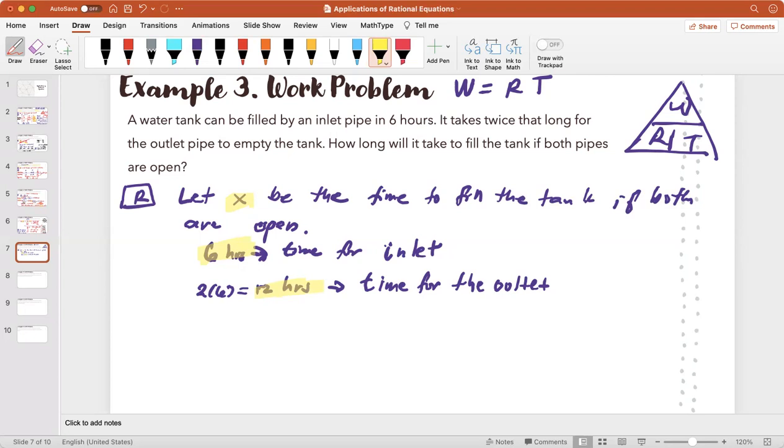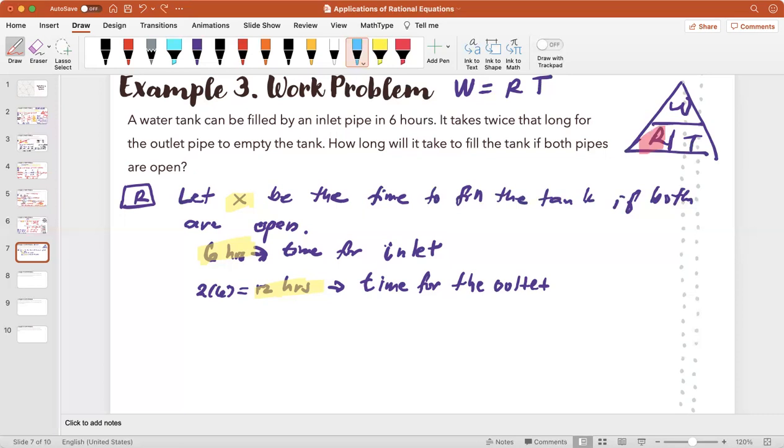With these times, we can now find the rate. What's equal to rate? Rate is equal to work over time. That's our formula there. We need this in order to find our equation.